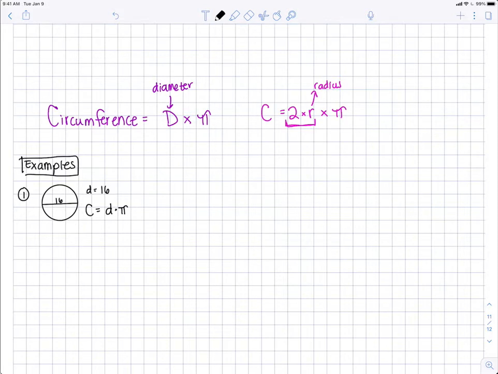And all we've got to do is plug this in. What I expect you to write down, especially when you're showing your work, is plugging this in. So 16 times pi. Now, what I want you to do is use the pi button on your calculator. Don't use 3.14, please.